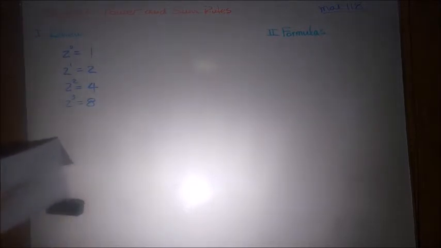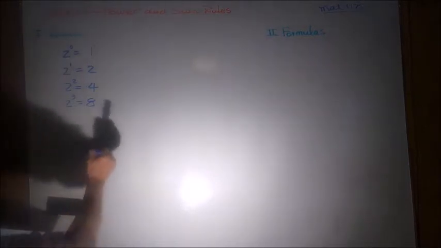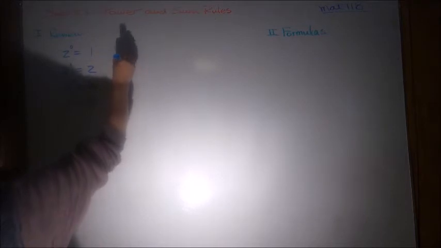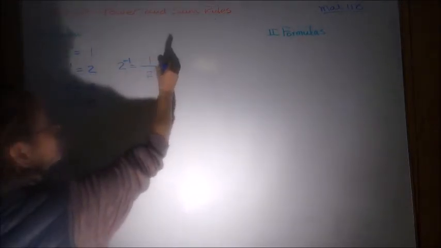That's a positive exponent. Okay, then let's talk about negative exponents. So 2 to the negative 1, we say this negative 1, negative doesn't mean negative. It means what? Reciprocal, means your fraction. So 2 to the negative 1 power would be what? 1/2, right?